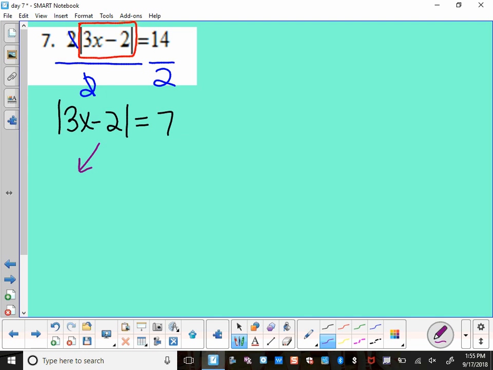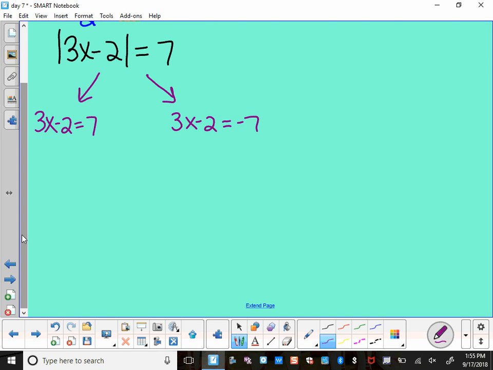I'm going to separate. So I have 3x minus 2 is equal to 7. And then 3x minus 2 is equal to negative 7. If I want to solve, I have plus 2, and 3x is equal to 9.